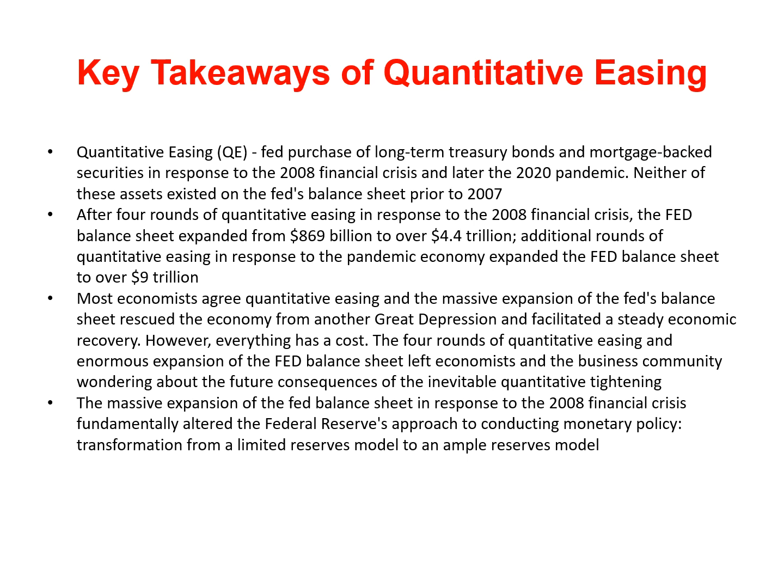This expanded the balance sheet of the Fed from under $1 trillion, $869 billion, to $4.4 trillion. Then in response to the pandemic, the Fed more than doubled the size of the balance sheet by engaging in copious amounts of quantitative easing, expanding the Fed's balance sheet to over $9 trillion.